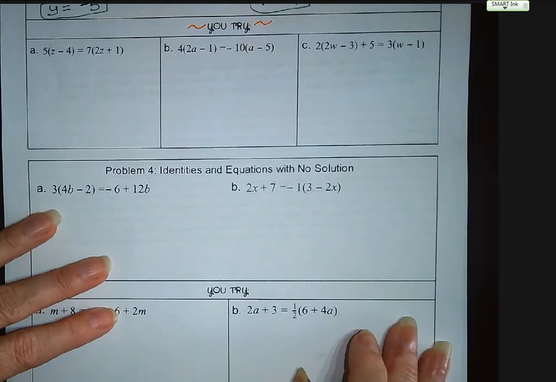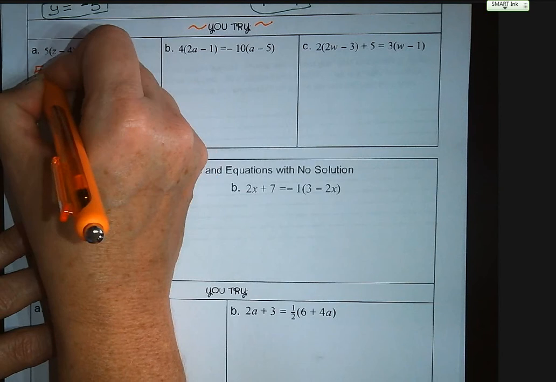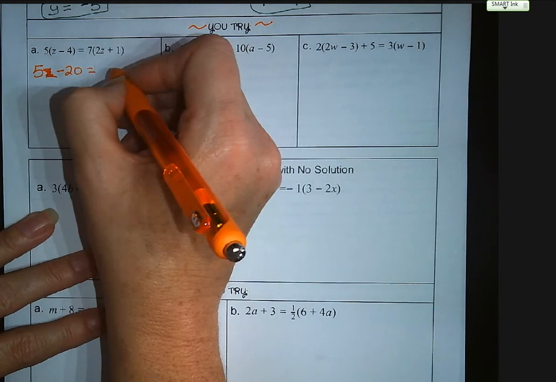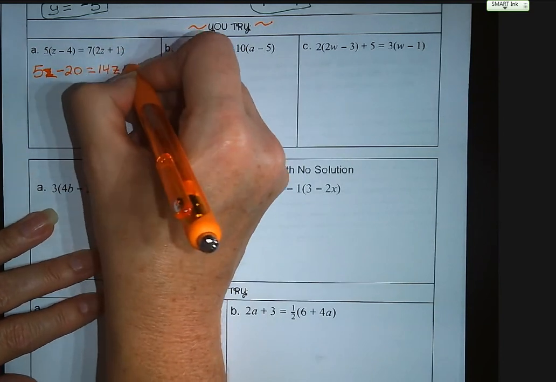So we distribute the 5 to z and negative 4, so we get 5z minus 4 is equal to 7 times 2z is 14z plus 7.